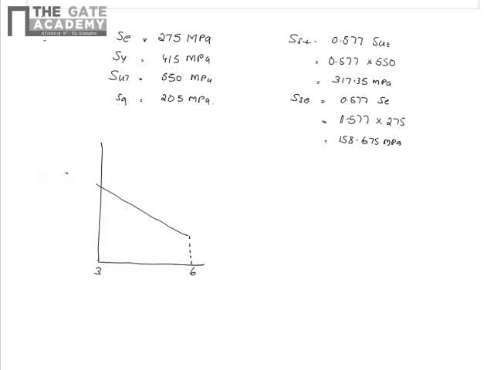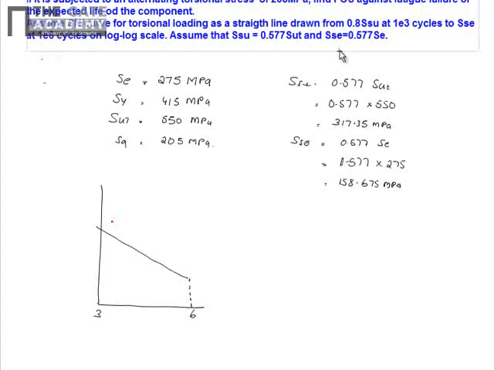It is given that the SN curve is a straight line drawn from 0.8 times SSU at 10 power 3 cycles. So this is the 10 power 3 cycles. So the strength corresponding to this point will be 0.8 times SSU. So it will be log of 0.8 times SSU, that is nothing but log of 0.8 times 317.35.